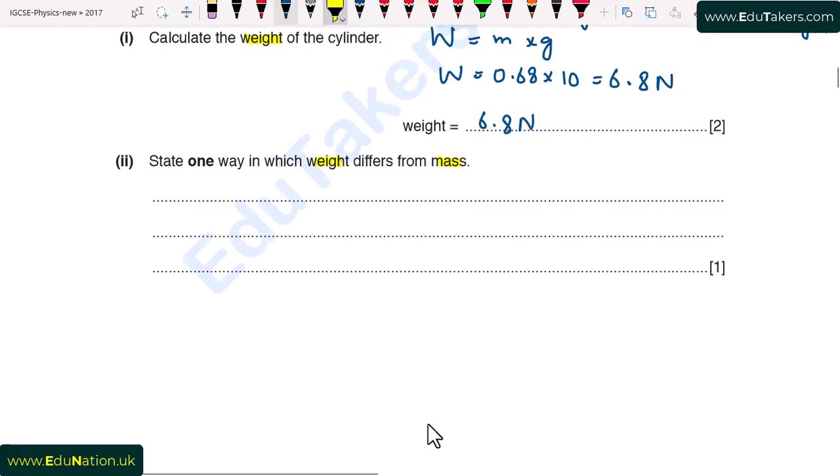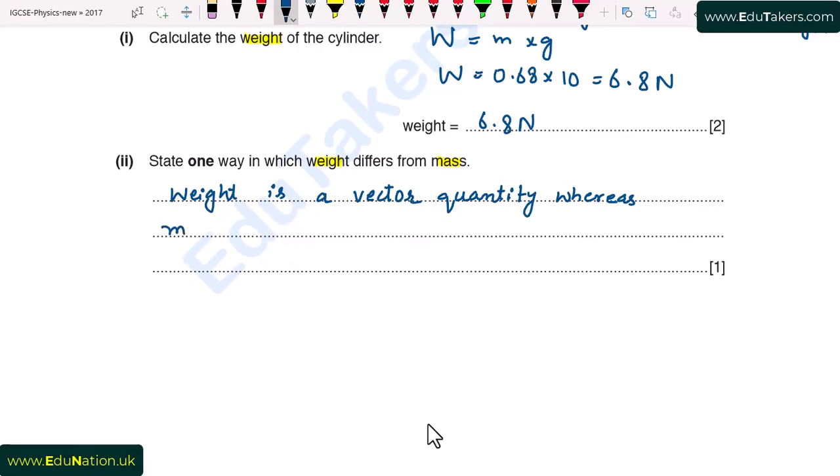So I write here weight is a vector quantity whereas mass is a scalar quantity.